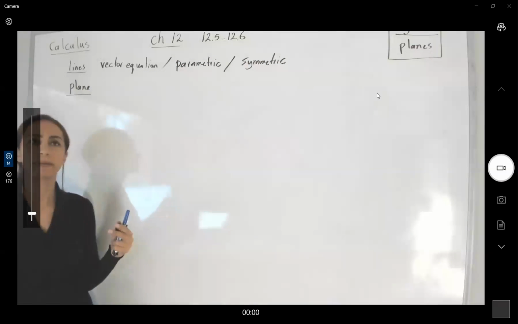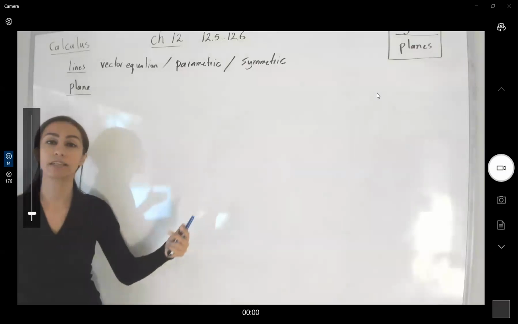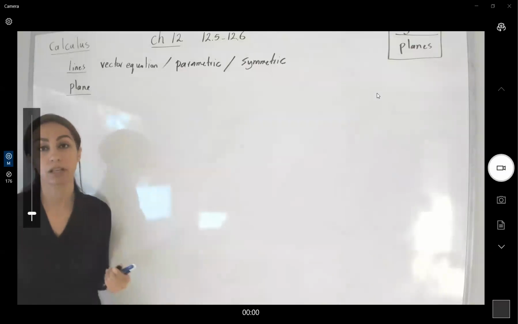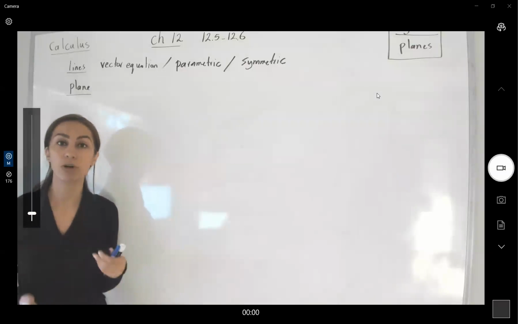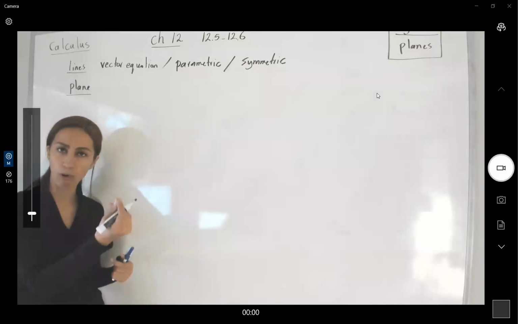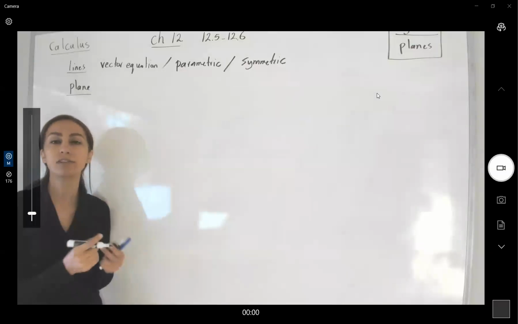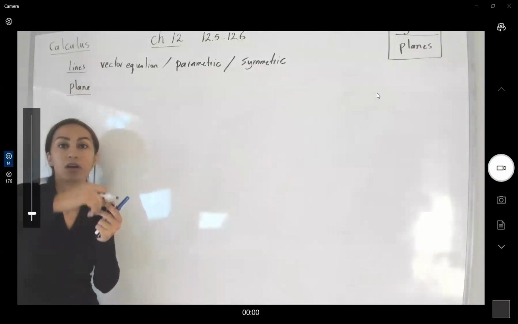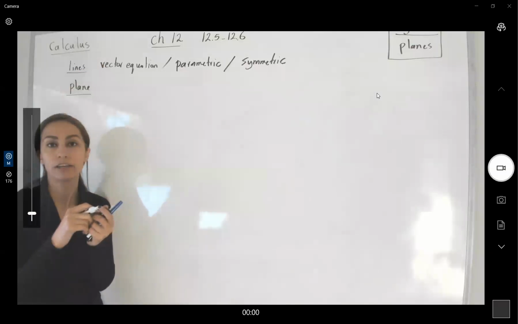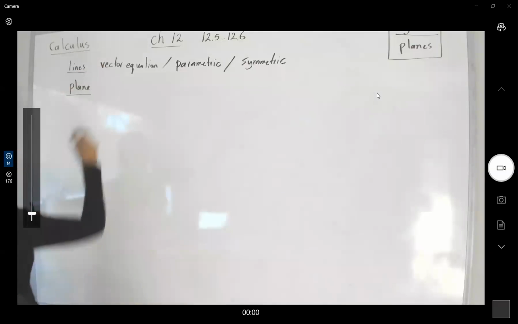So I expect you to ask, how do we write the equation of a plane in space? Well, officially, to write the equation of a plane, we need one point on that plane, and we also need a vector or a normal, orthogonal line to the plane.